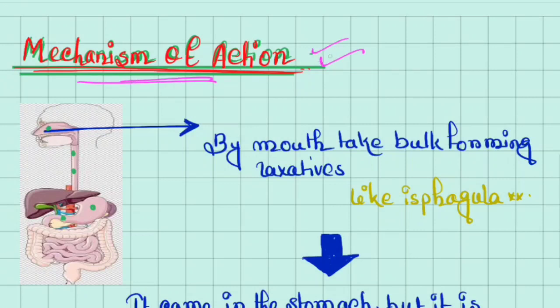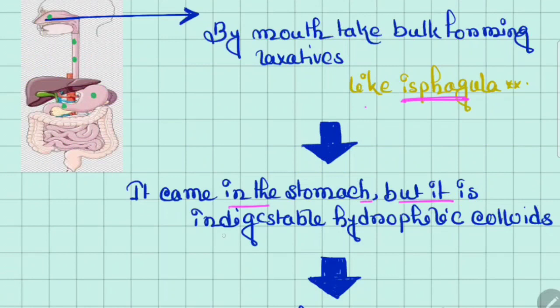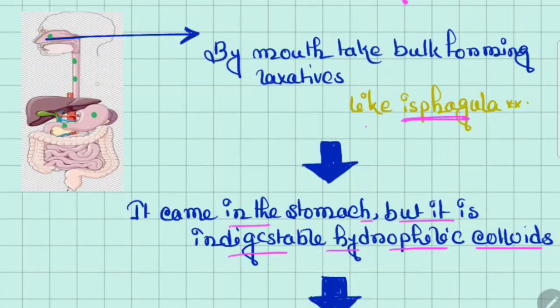These bulk laxatives are indigestible. We take the bulk laxative like isabgol by mouth, and it comes into the stomach, but it is an indigestible hydrophilic colloid. See this picture.